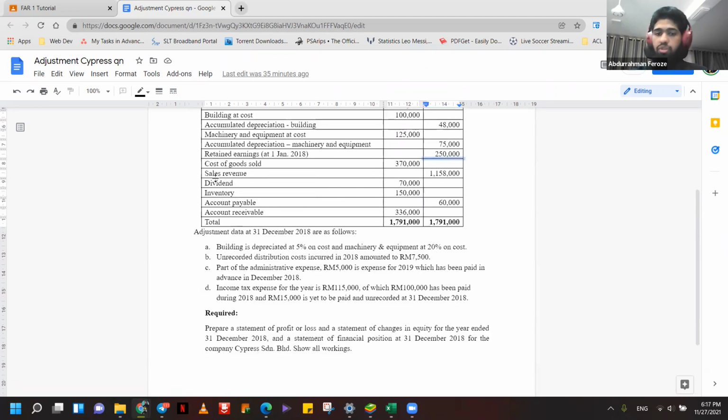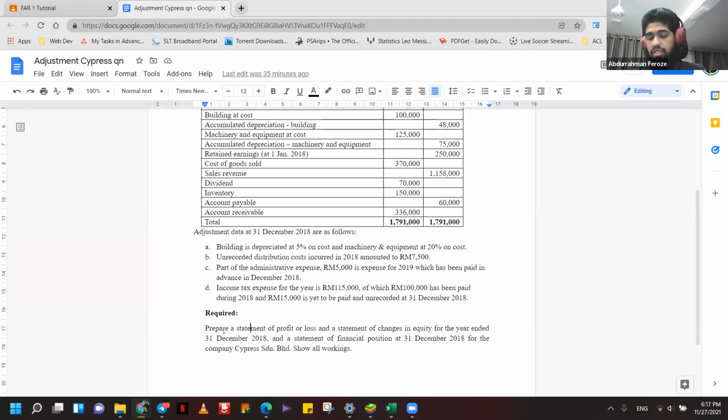So before we do anything, first of all, you have to see what is required of you. What is required of you is a statement of profit and loss and a statement of changes in equity for the year ended 31st December 2018, as well as a statement of financial position at 31st December 2018 for the company Cyprus.